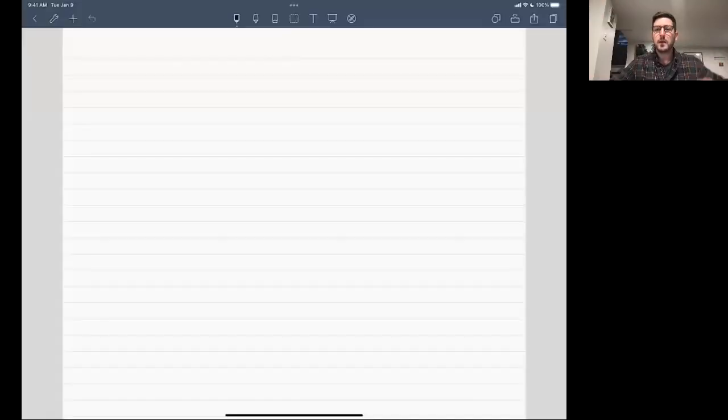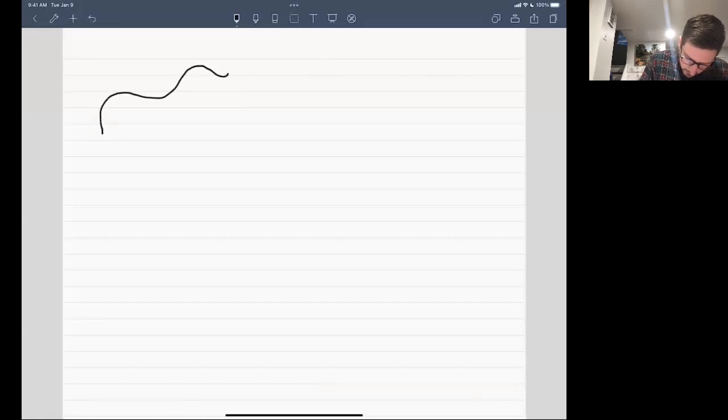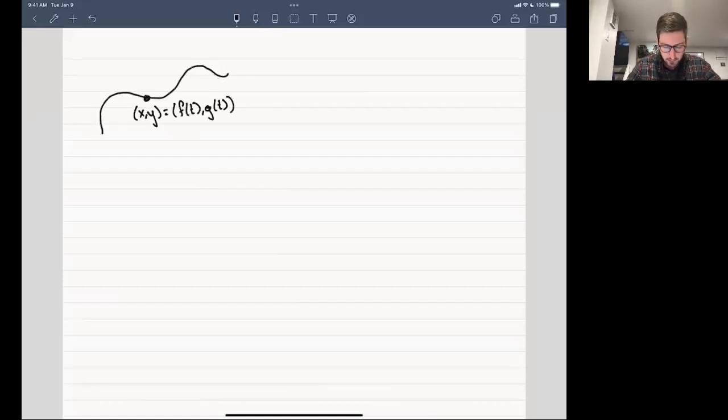So the first thing that we want to be able to do is, if we have some general parametric curve, and we know that points on the curve, x and y, are given in terms of functions f of t and g of t, we would like to know what the derivative is of y in terms of x.